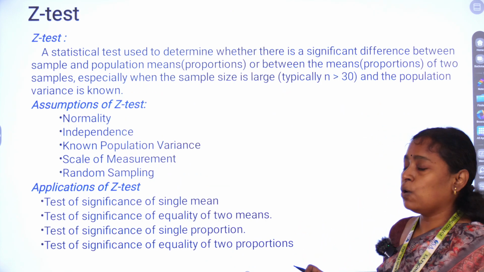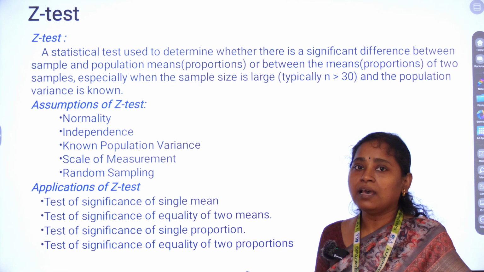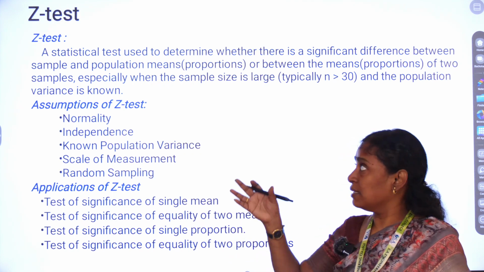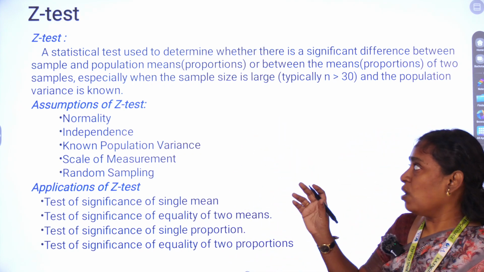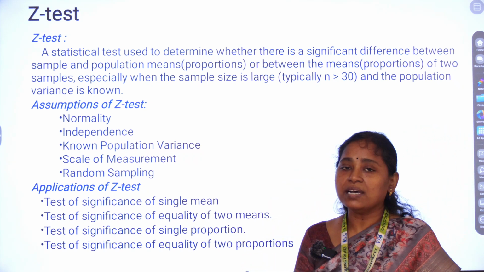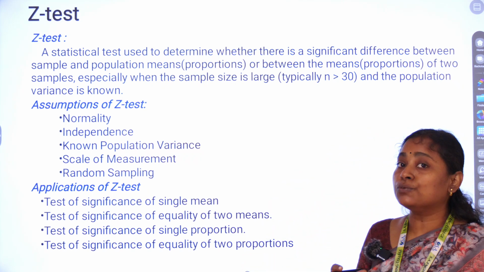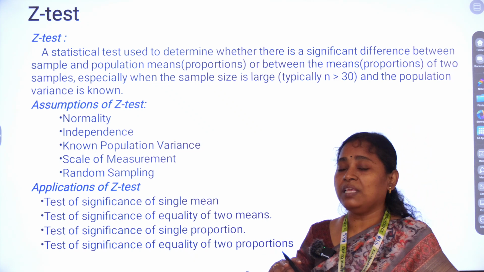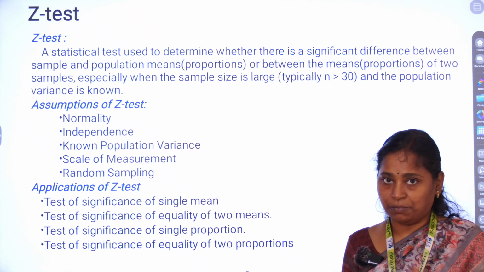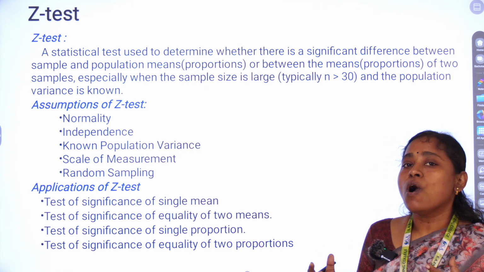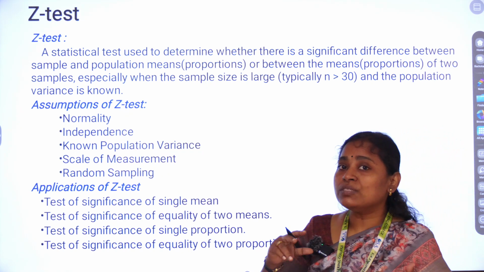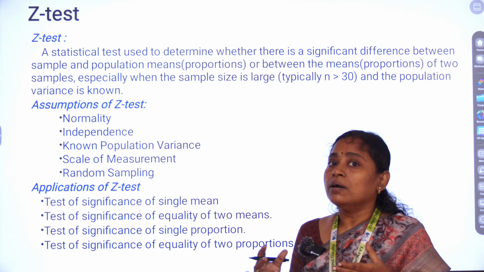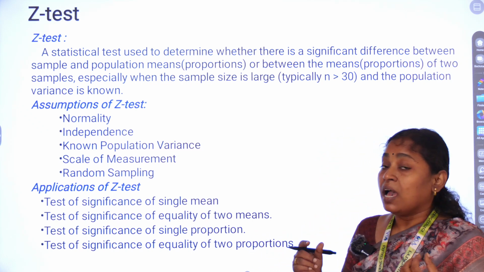Now let us move on to the first session, that is Z-test. What is meant by Z-test? It is a statistical test used to determine if there is a significant difference between the sample and the population means or proportions, or between two sample means or proportions.